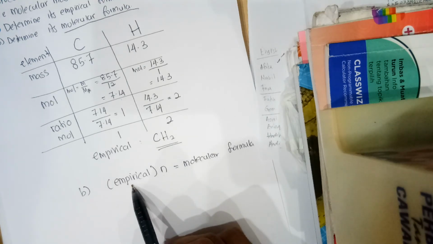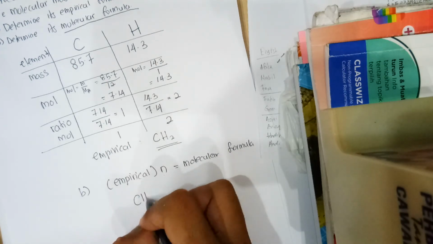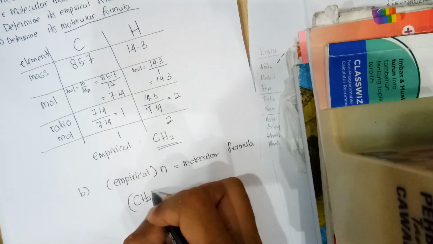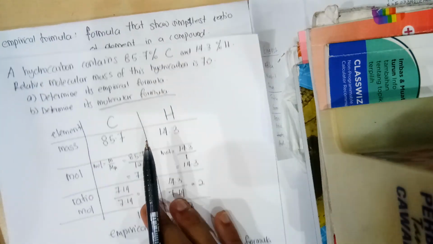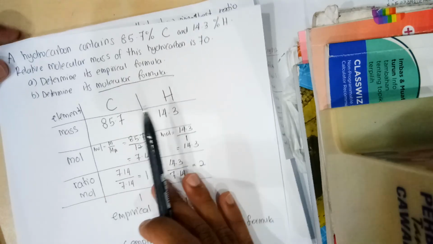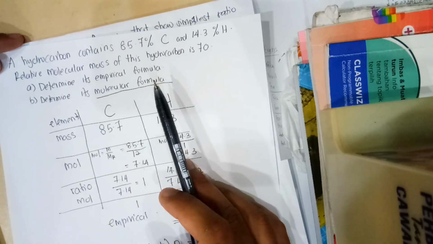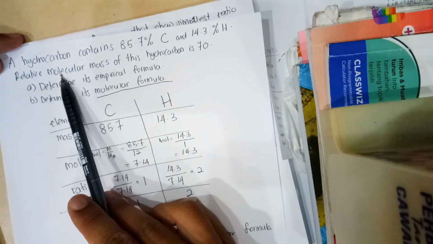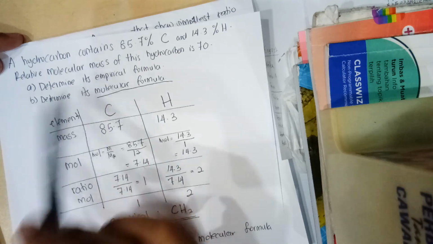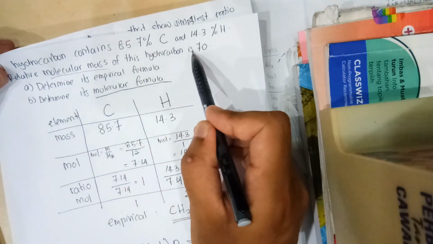The empirical formula you already determined just now is CH2. So put it in brackets times N, equals molecular formula. As you read in the question, they don't give any information about the molecular formula except the relative molecular mass, which here is 70.